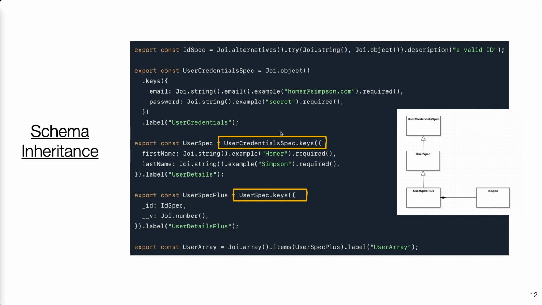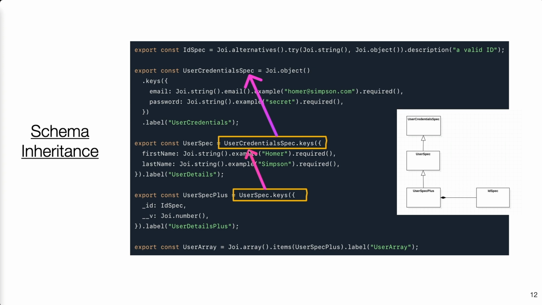So we've got this coming down, derived from here. And similarly, the user spec plus is an extension of the user spec. It's a little bit cryptic to see, but the idea is reasonably straightforward, and it means that when we annotate our APIs, we're using the correct one.